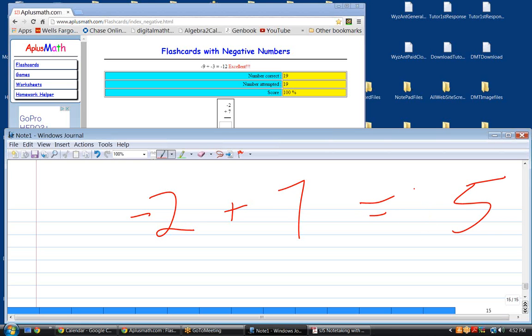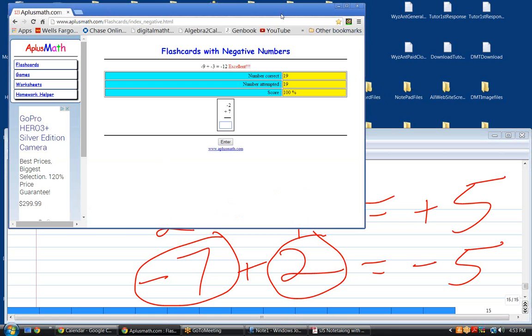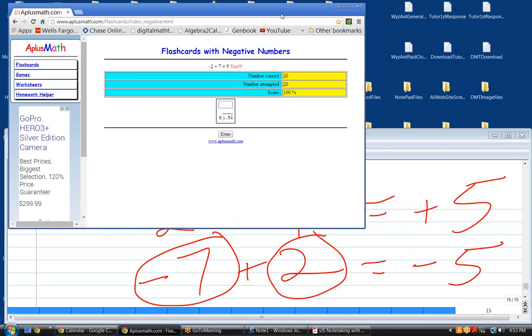Well, 7's bigger than 2, so I'm going to put the plus sign there. If it was the reverse, I'm still adding a negative number to a positive number, so I'm going to subtract the two numbers. But now the bigger number is 7, and it has a negative sign. That's where that goes. Okay? So this is positive 5.